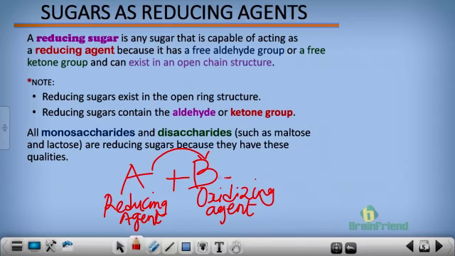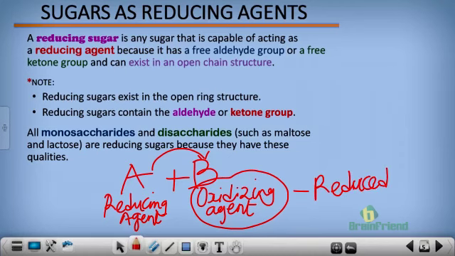Now, this substance being reduced is the oxidizing agent. So it means that an oxidizing agent in a reaction is ultimately reduced. An oxidizing agent is an agent of oxidation, so it is causing the substance it is reacting with to be oxidized. And this substance it is reacting with is a reducing agent.